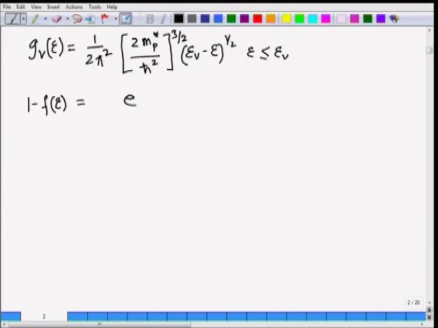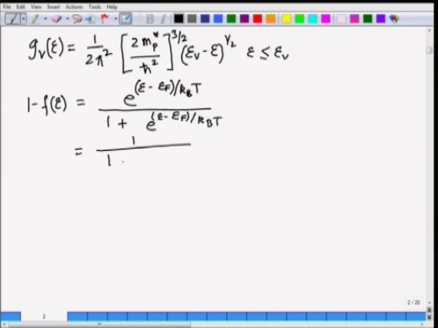That was e to the power (E minus EF) divided by kBT, divided by 1 plus e to the power (E minus EF) by kBT, which we can also write by dividing numerator and denominator by this quantity, as 1 over 1 plus e to the power minus (E minus EF) by kBT.